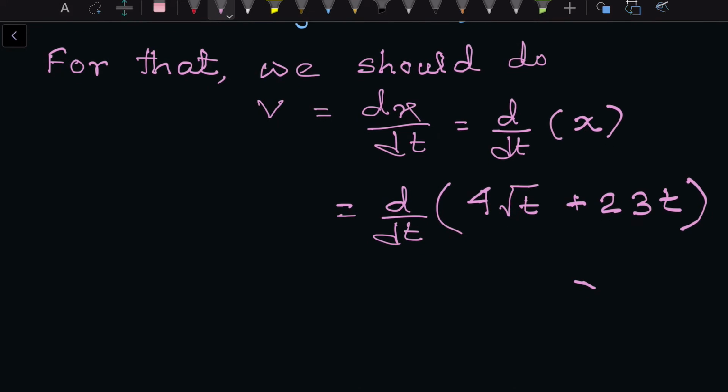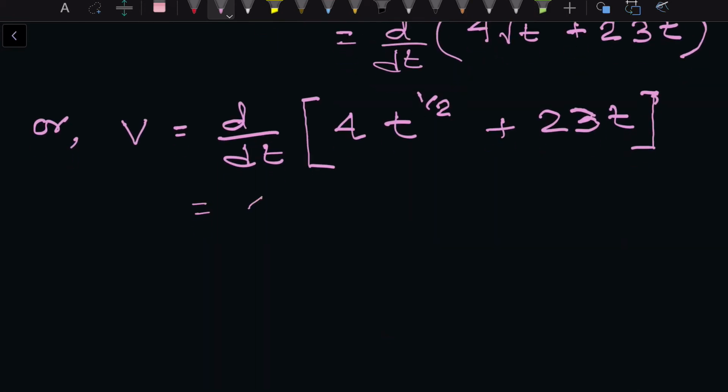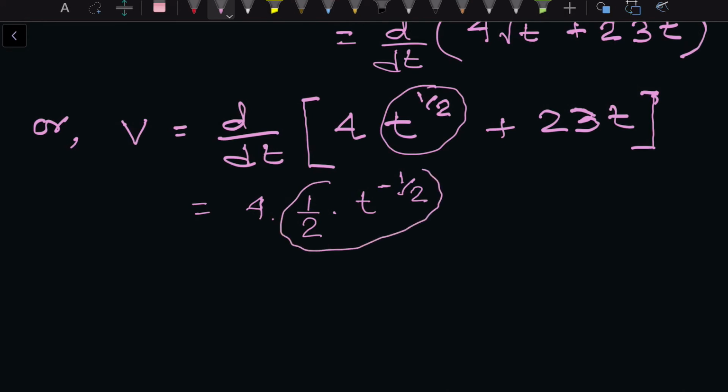So v equals, after differentiation, see 4 root t means 4 into t to the power half, plus 23t. You have to first arrange them like this, t to the power something, then you will differentiate it. Now it's easy, 4 into half into t to the power minus half, we did it earlier, plus 23t, differentiation of t is 1, so 23.